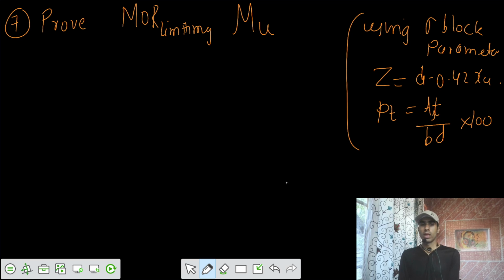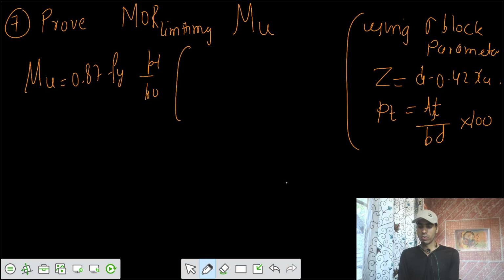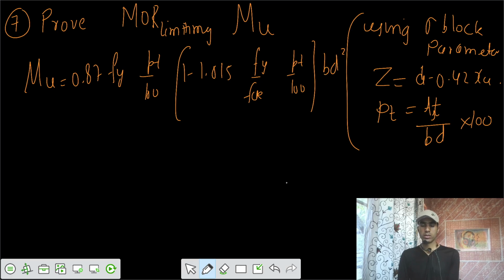We had to prove that Mu equals 0.87 fy pt by 100, then 1 minus 1.015 fy by fck, times pt by 100, and bd squared. This is what we have to derive.